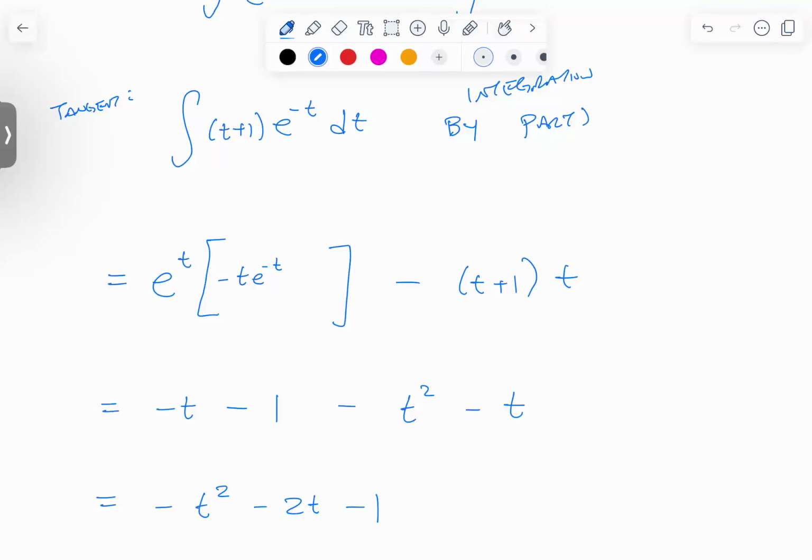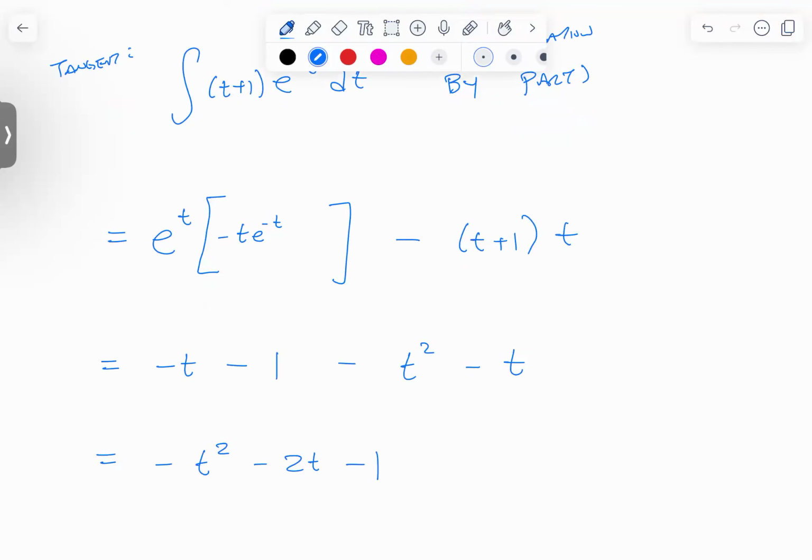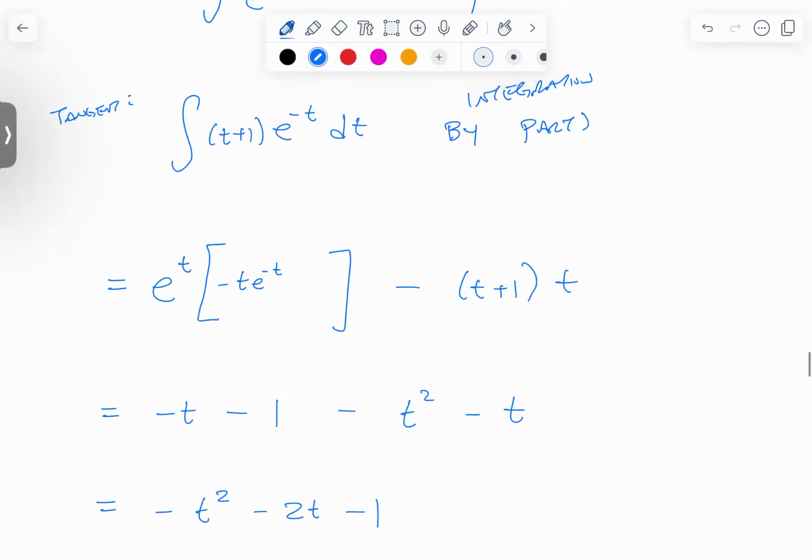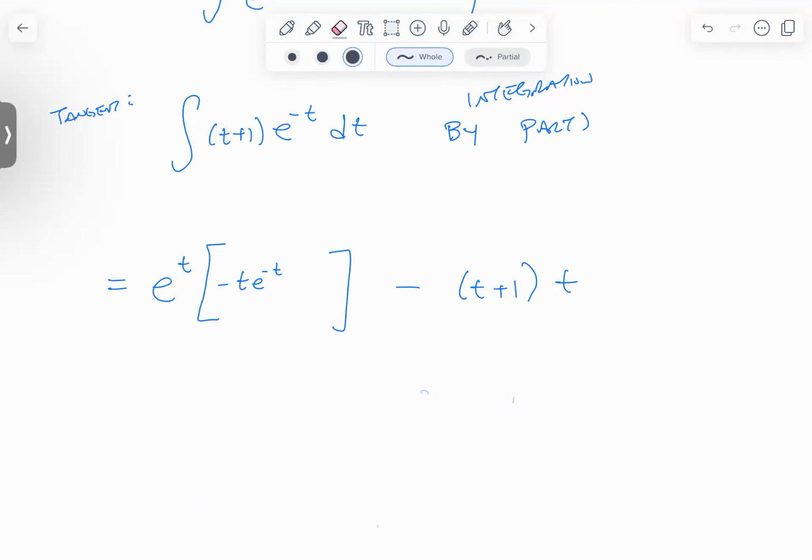I was trying to skip steps, and I was trying to be fast. Okay, just have to back up.